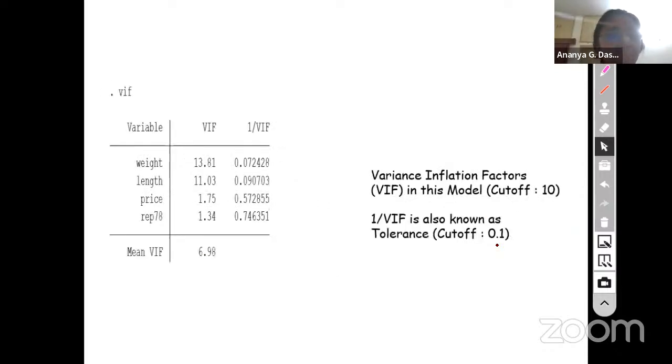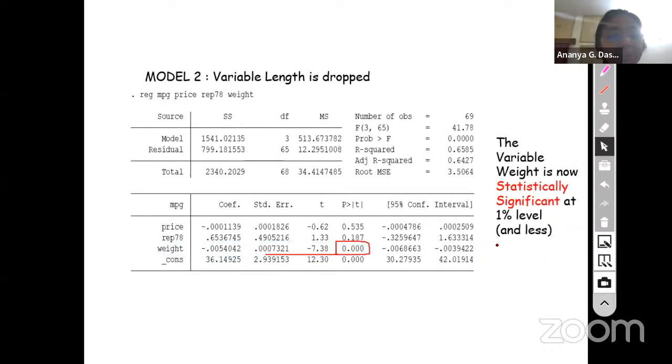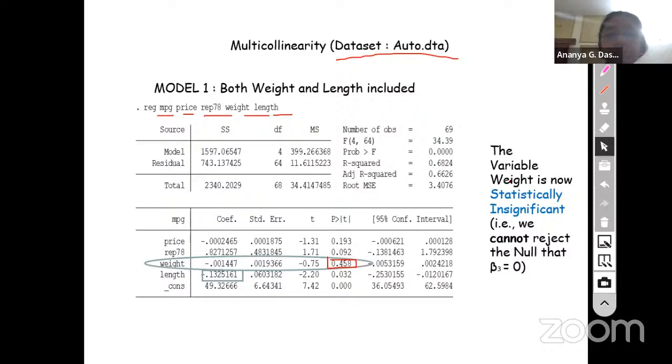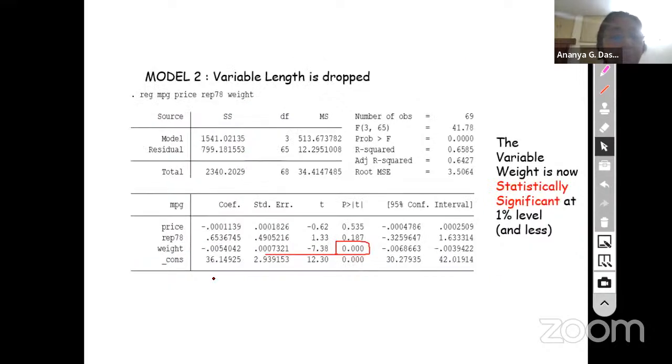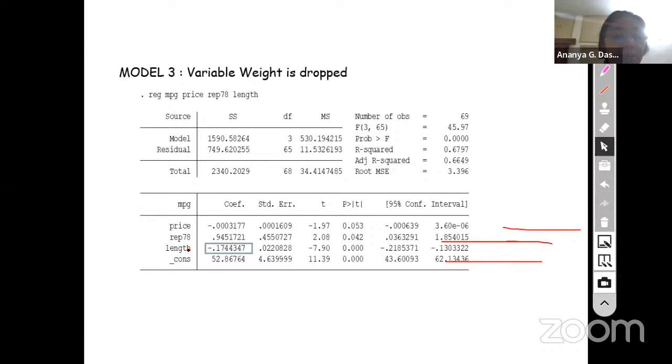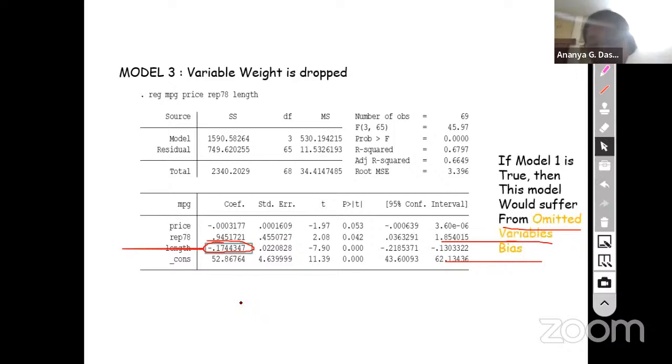In my original regression, weight has a very low coefficient, 0.001, and length has 0.13. If I drop weight, the coefficient of length increases to 0.17, so you end up attributing more to the length of the car than you should. So there is this problem of bias.